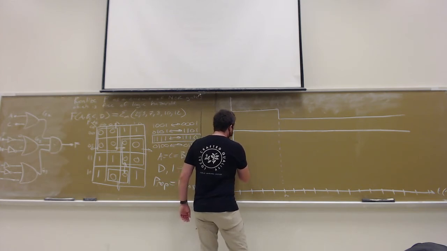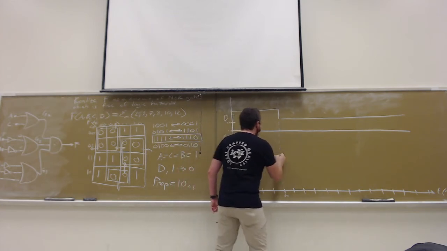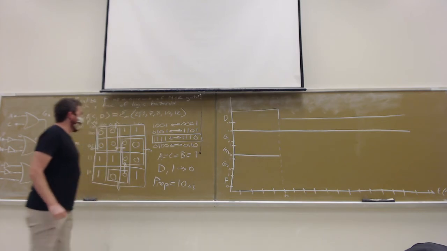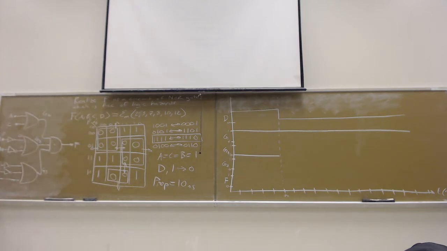So that's this. Let's take it at least to there. Now, how long does it take? Well, first off, now D goes from 0 to 1, which means G2 is going to go from 0 to 1. How long is it going to take? 20 nanoseconds. Why 20? Because it's after both gates. Good, right, because there's two gates, the inverter and the OR gate in between.